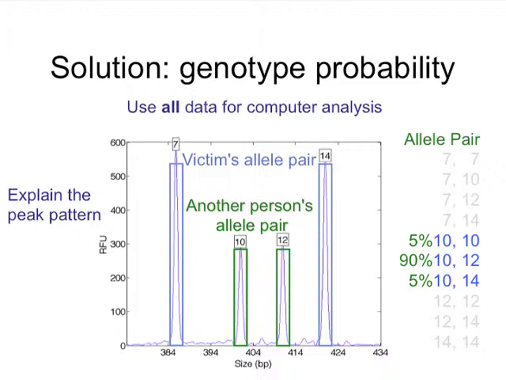It tries out tens or hundreds of thousands of different patterns, moving these bars and peaks all around, never changing the data peaks. It uses the data, and the result is, by having considered tens of thousands of different possibilities, some of which explain the data very well. You see on the right, the 10-12 is assigned a 90% probability, and others that explain the data partially, and most of the 100 possible allele pairs don't explain the data at all.